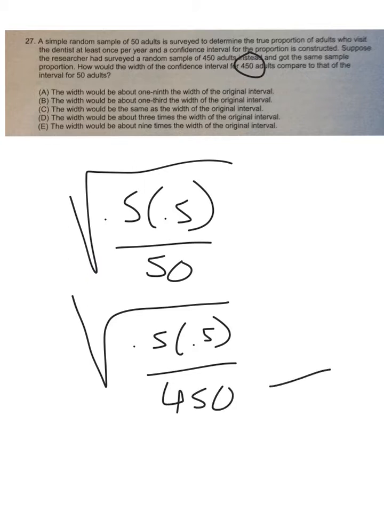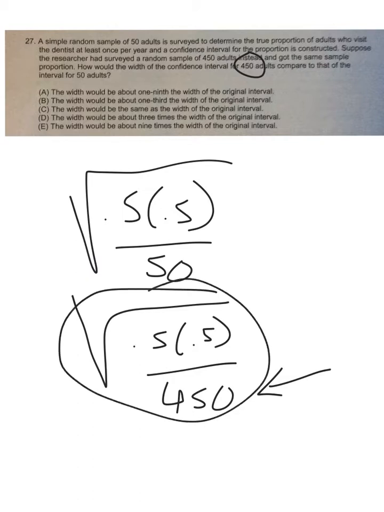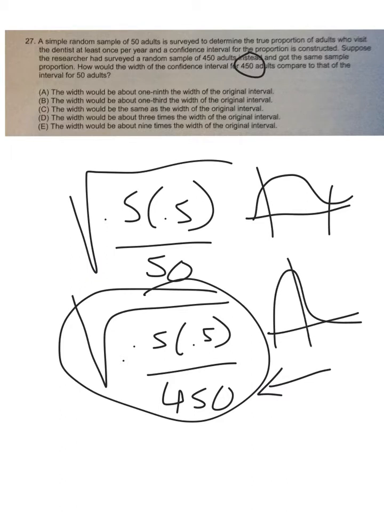Well, when you divide by a larger number, your result is actually smaller. So it's a smaller standard deviation, which is going to give us a narrower confidence interval. So, I should probably redraw these, but I like them, so I'm going to keep them.